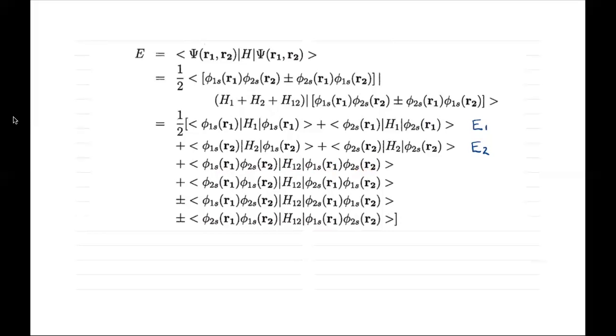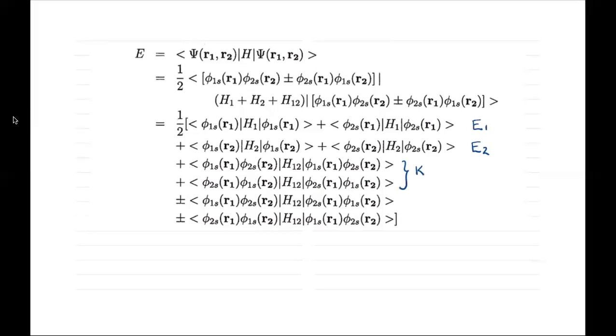And likewise, the fourth line, we have electron 1 in the 2s orbital, electron 2 in the 1s orbital, and then on the right-hand side, we have again electron 1 in the 2s orbital and electron 2 in the 1s orbital. So we'll look in the next slide at exactly what these mean, but for now let's just call these terms K.